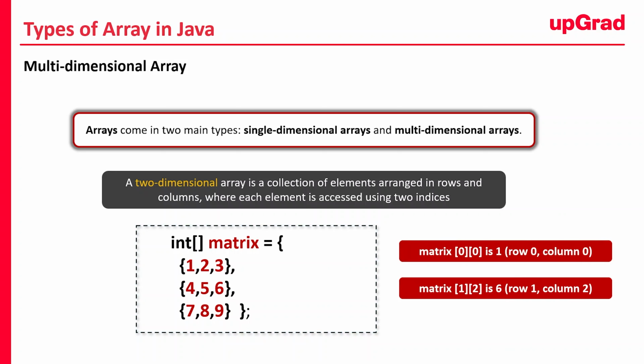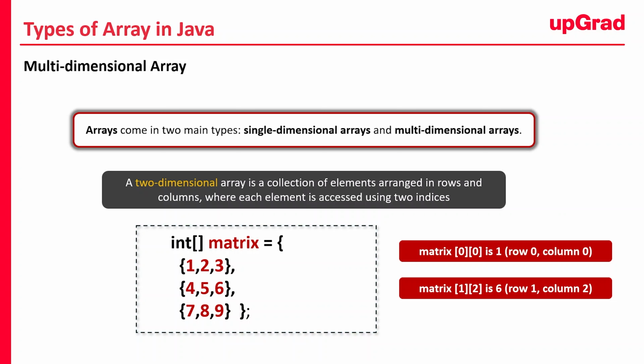So if I have to say, in this matrix array, the position 0, 0, that is row 0 and column 0, that particular element is 1, because 1 is at the 0th row and 0th column. And the element at row 1 and column 2 is 6. So the column of 6 is 2 and the row is 1.